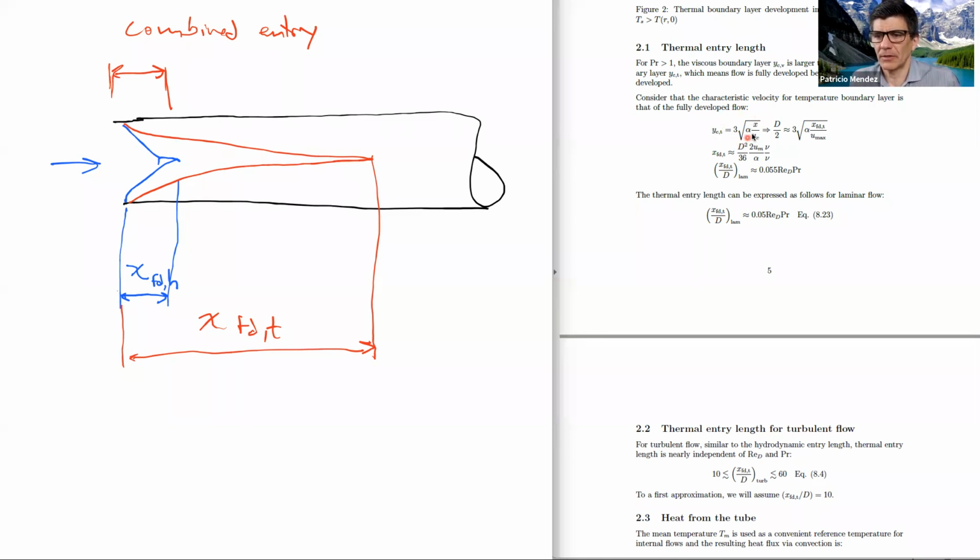So here we go, and we say the thickness should be half diameter, and for the characteristic velocity, we're going to use the maximum velocity, same as we did before for the hydrodynamic boundary layer. And what do we get? We solve this for entry length, and we get this expression that says 0.055 Reynolds times Prandtl. And the exact solution from the book is 0.05 Reynolds times Prandtl. Give or take, it's not such a big deal.